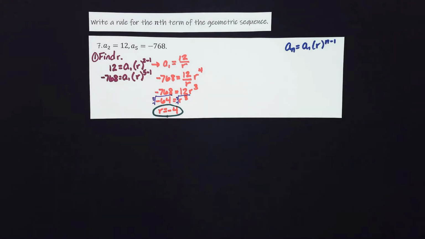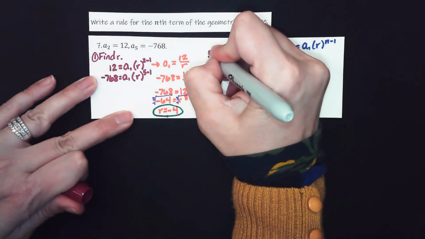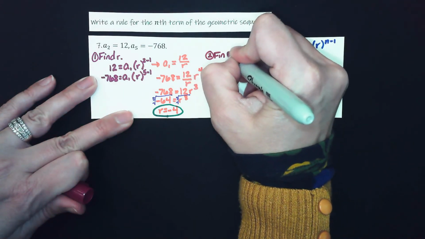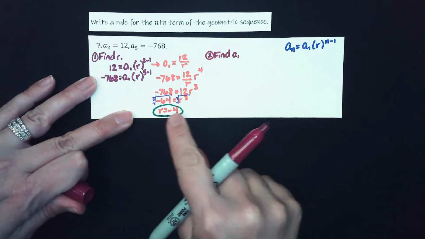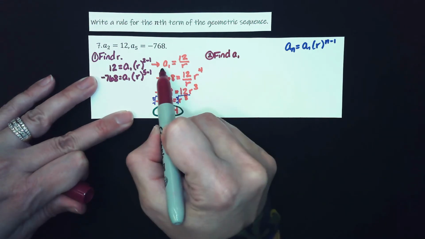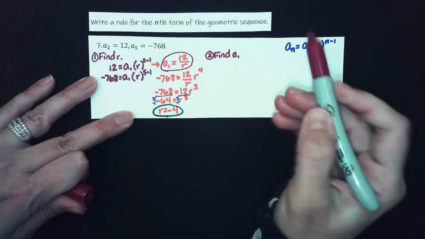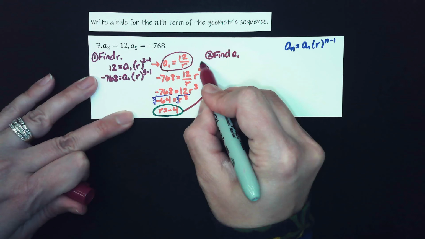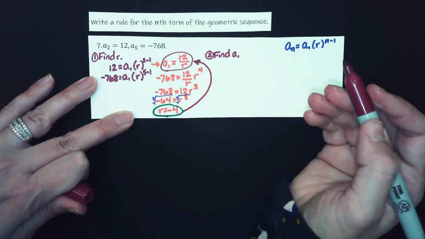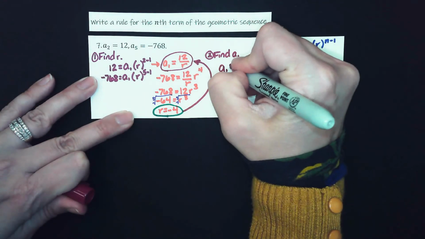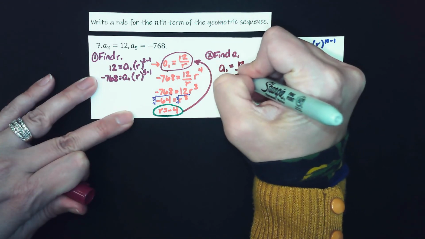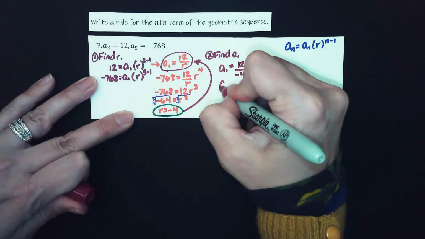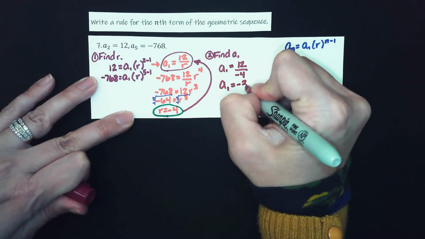So step 2 is find a1. Well, we already solved up here that a1 equals 12 over r. So I'm going to take this r and plug it in. So I have a1 equals 12 divided by negative 4, so a1 equals negative 3.